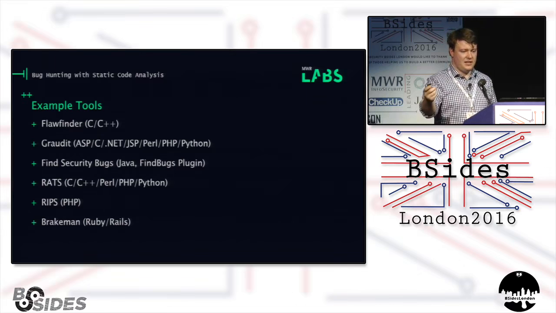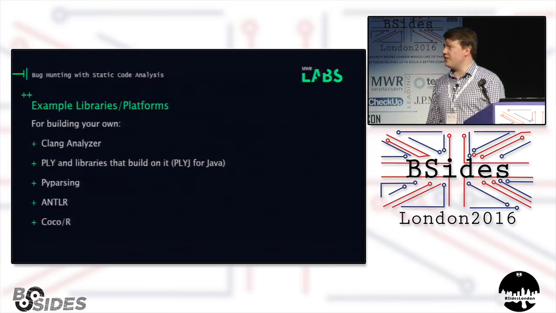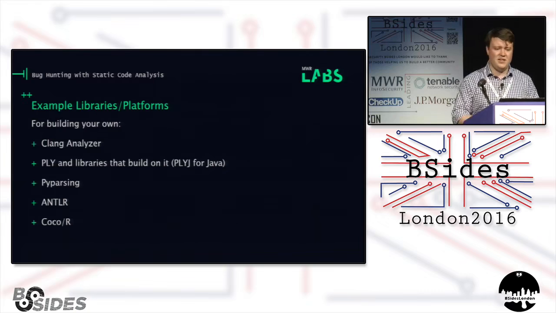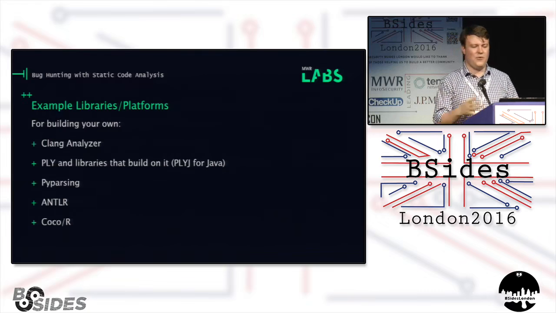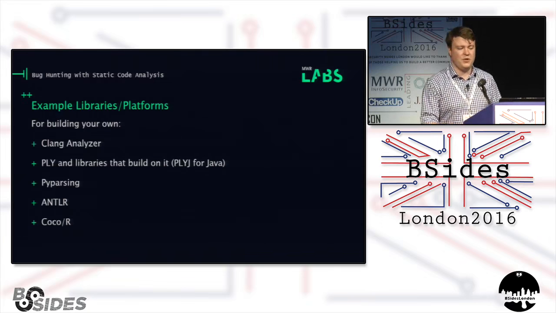If you're going to do what I did, he says, with his clicker not working, and build your own, then there's a few options for that as well. So the analyzer built into Clang is really quite powerful as is, and will do a lot of C++ static analysis for you simply when you build your source code with it.